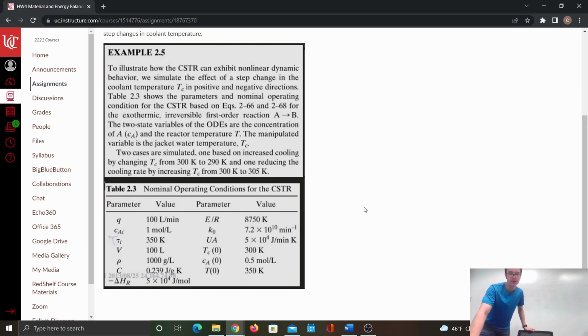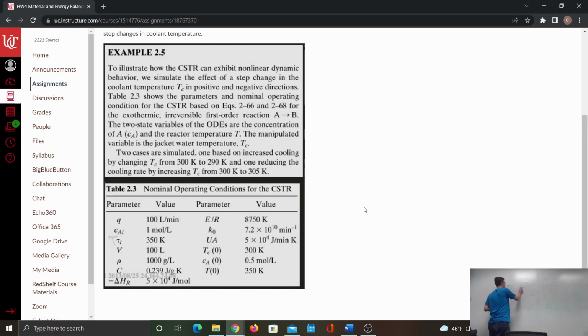Tc on the right side is the temperature of the coolant jacket, and then Ca is what we're looking for, the concentration of A in the reactor. So everything else, we've got volume, we've got the speed of the flow rate in and out, and the flow rate in and out are the same, so we're just going to refer to them as q.